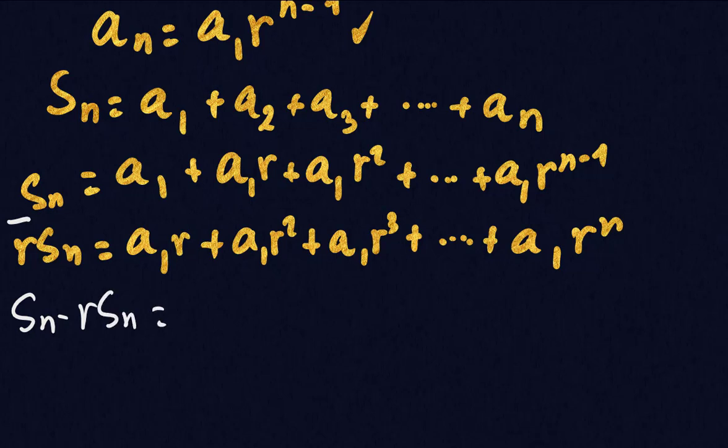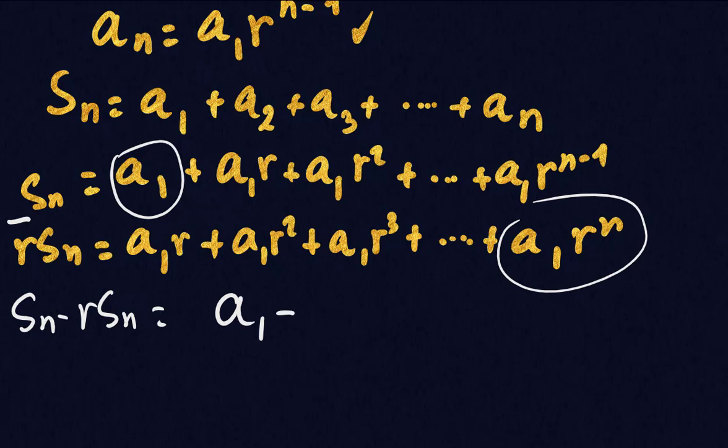And on the second side, we see that there are two specific terms that won't be repeating. So it will be A1 and A1 times R to the power of n. The rest are going to cancel each other. So we stay with A1 minus A1 times R to the power of n.